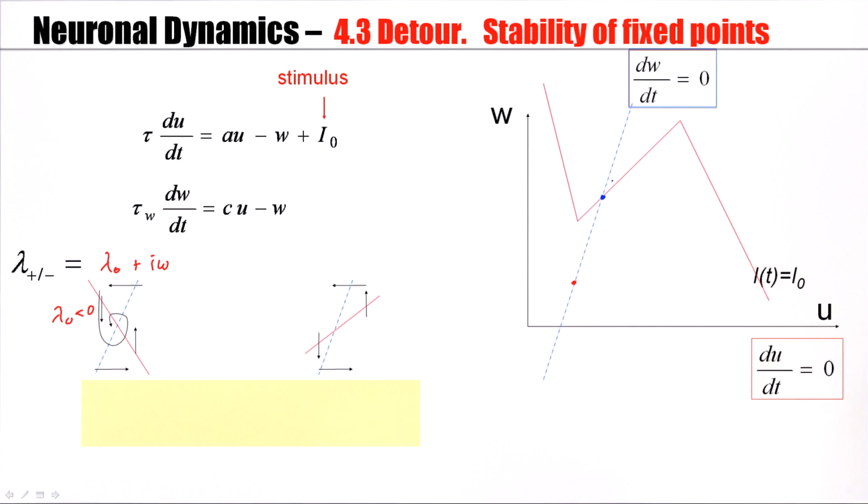Now let's look at the next situation, at the fixed point up here. Again, this value u would be the distance from the fixed point.